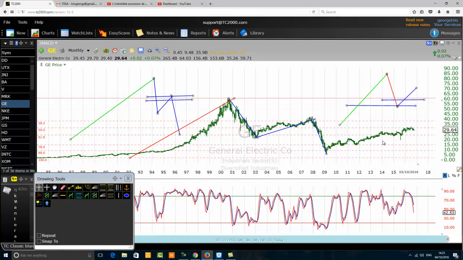I need to remind traders that the zigzag pattern is an ABC corrective pattern. A for alpha, B for Bravo, C for Charlie, ABC corrective wave. It's a three-wave pattern. Like this, the flat correction is also a three-wave pattern.